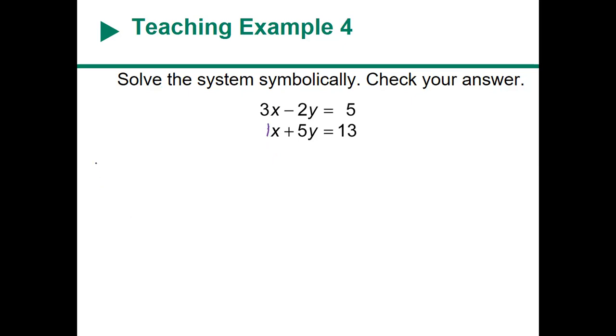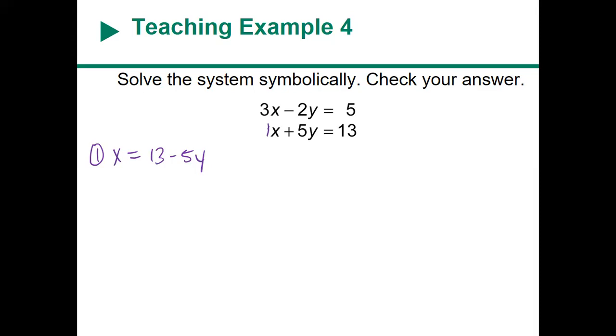First I'm going to get x by itself. In order to do that, what do I have to do? So now we know that x equals 13 minus 5y, because I don't like leading with the negative. It's the same thing. If you want to switch it, switch it.